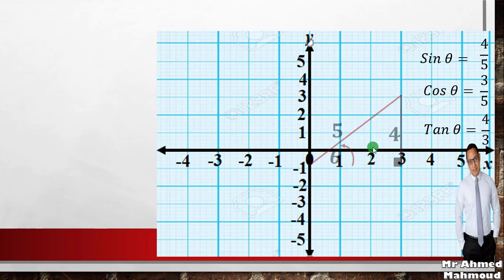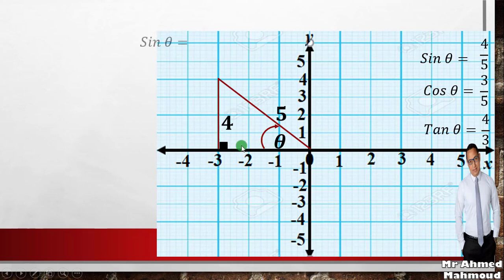Okay, another triangle. Here theta belongs to the second quadrant. I'm going to draw the right-angle triangle like this. Here the base equals -3, remember, -3. This line equals +4, and the hypotenuse from the Pythagorean theorem equals 5 units. So the sine of the angle equals 4 over 5, the cosine equals -3 over 5, and the tan equals 4 over -3.